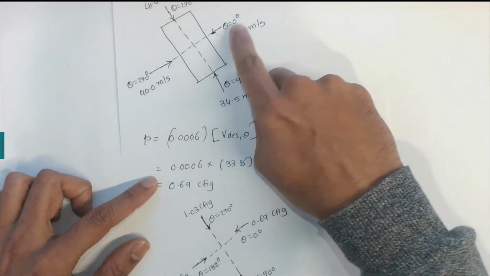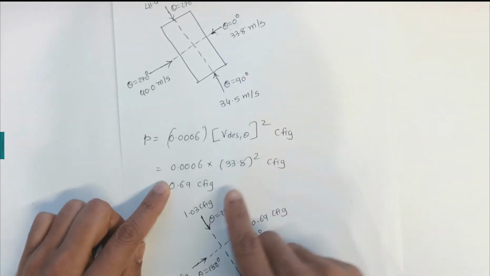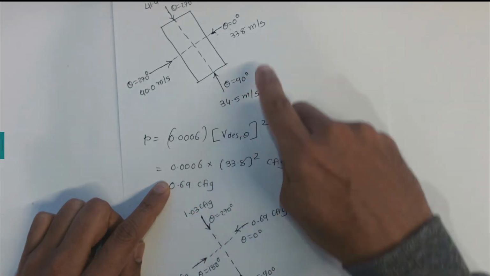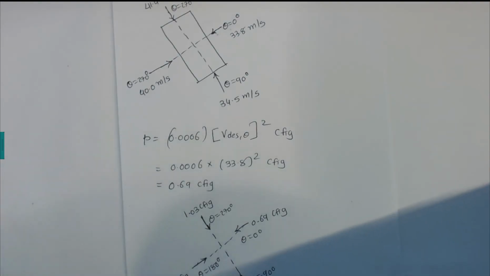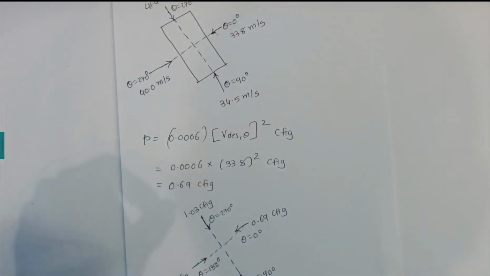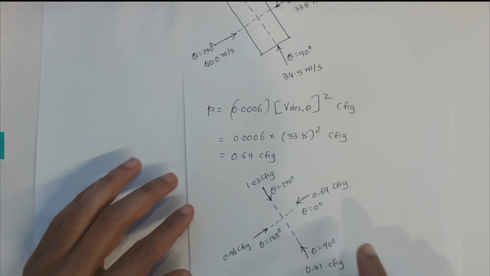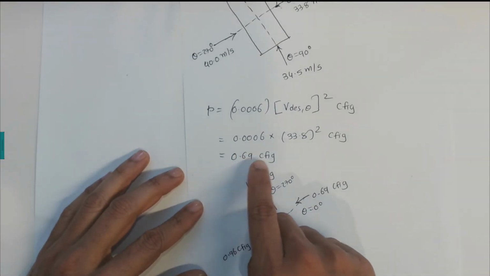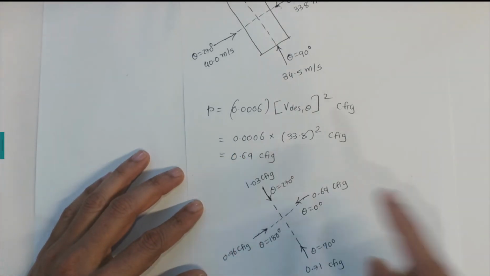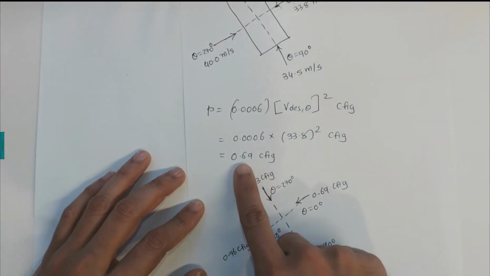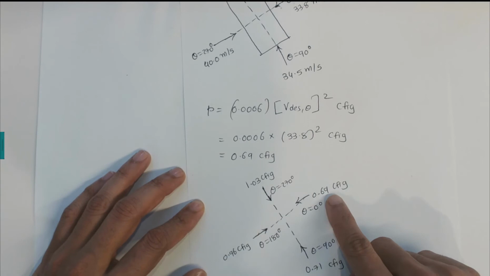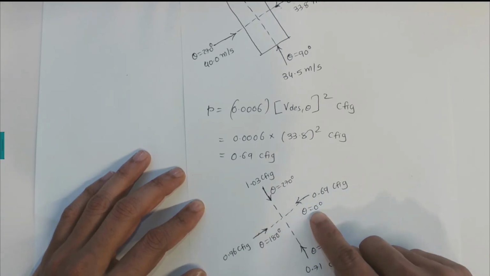Now we can substitute the design wind speed. For example, for theta equal to 0, we have 33.8. So 0.0006 times 33.8 squared times the aerodynamic shape factor gives 0.69 times the aerodynamic shape factor for theta equal to 0.